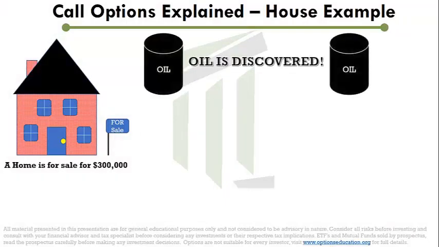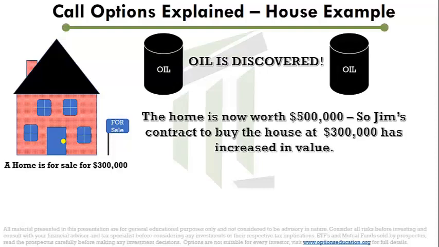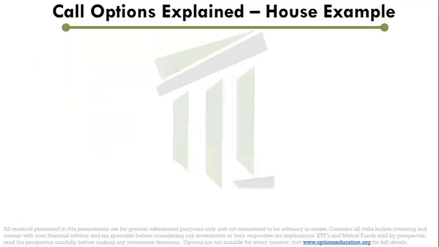Oil is discovered. Well, all of a sudden, that home, which was worth $300,000, is now worth $500,000. So Jim's contract to buy the house has increased in value. As the underlying security has gone up, so too has Jim's contract. What about if it went the other way?